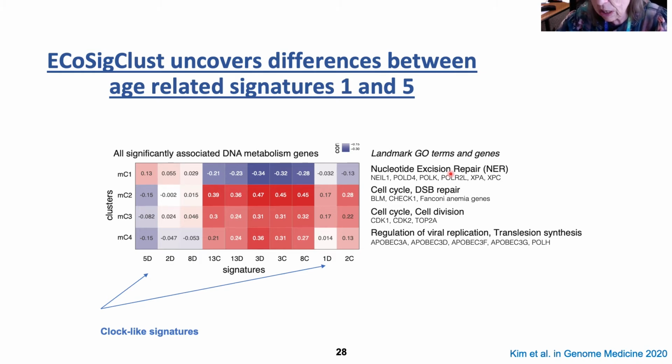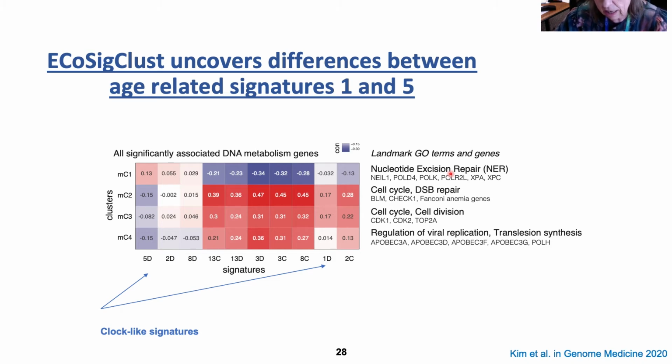What we propose here is that the relation with time is through environmental impact. The mutations introduced by the environment, most likely oxidative stress, are being repaired by nucleotide excision repair.